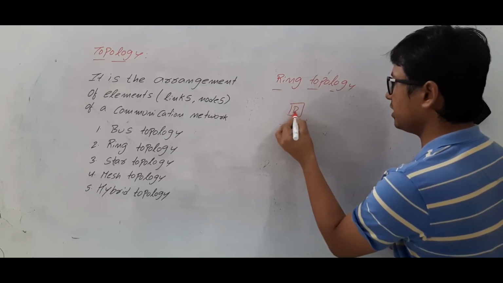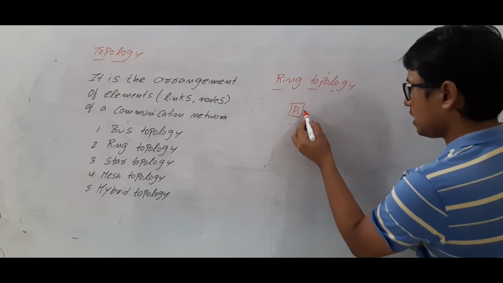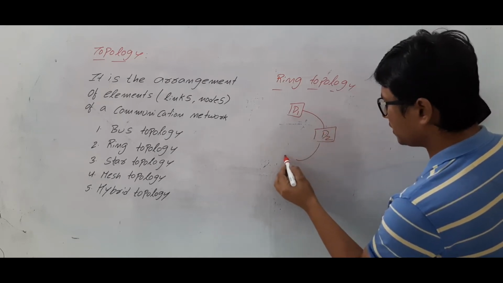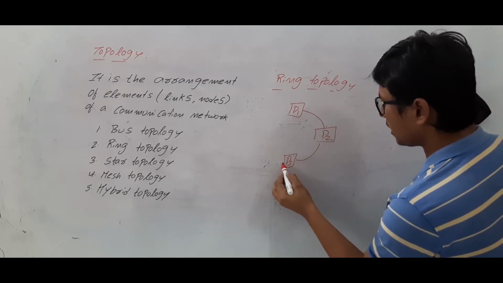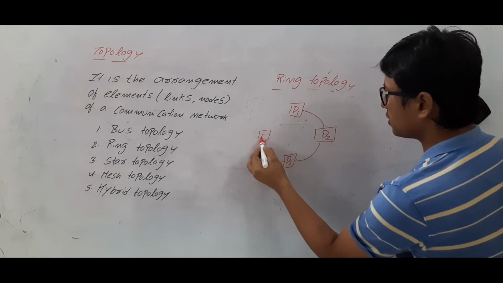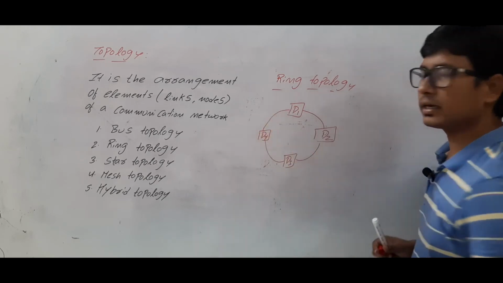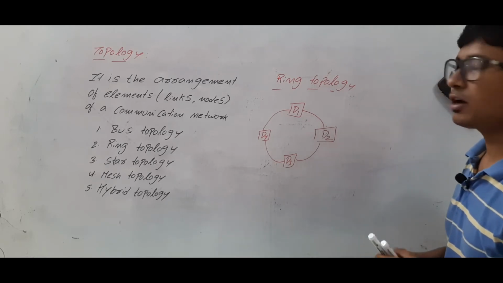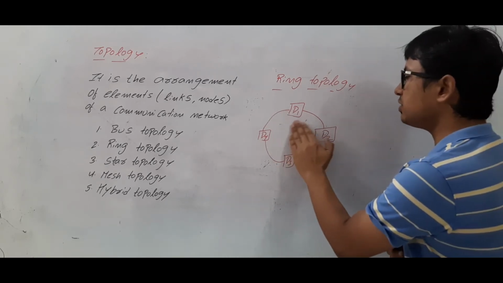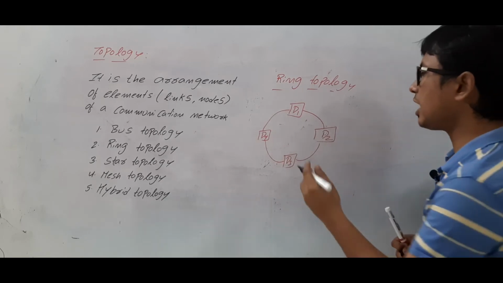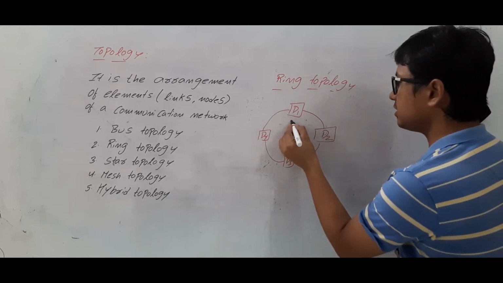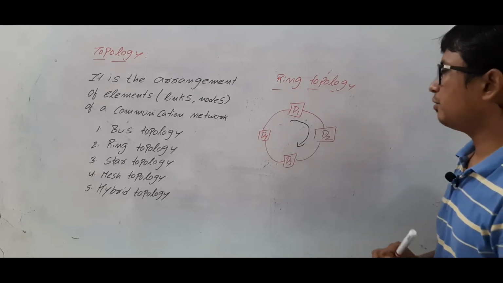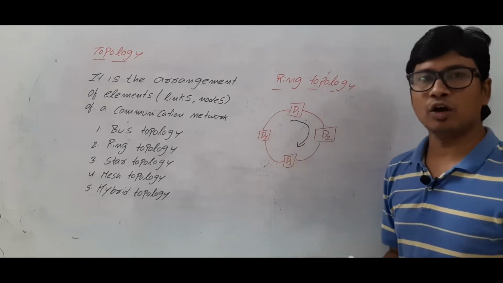Suppose I have device 1, device 2, device 3, and device 4, and they are connected. Now remember one thing: the communication will happen in a single direction, which is the clockwise direction. We will not have an anti-clockwise direction.